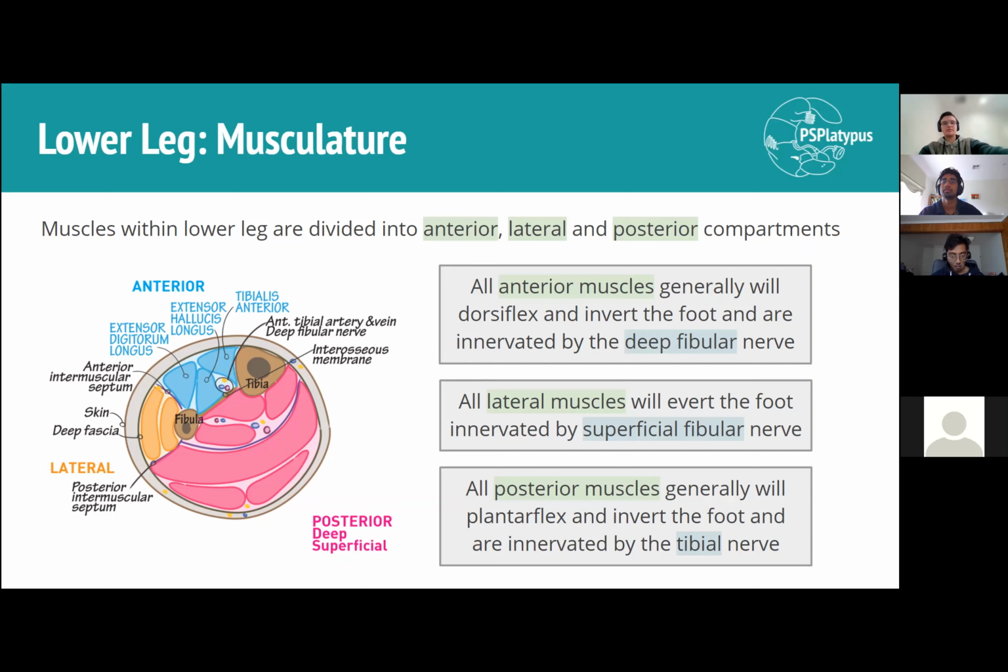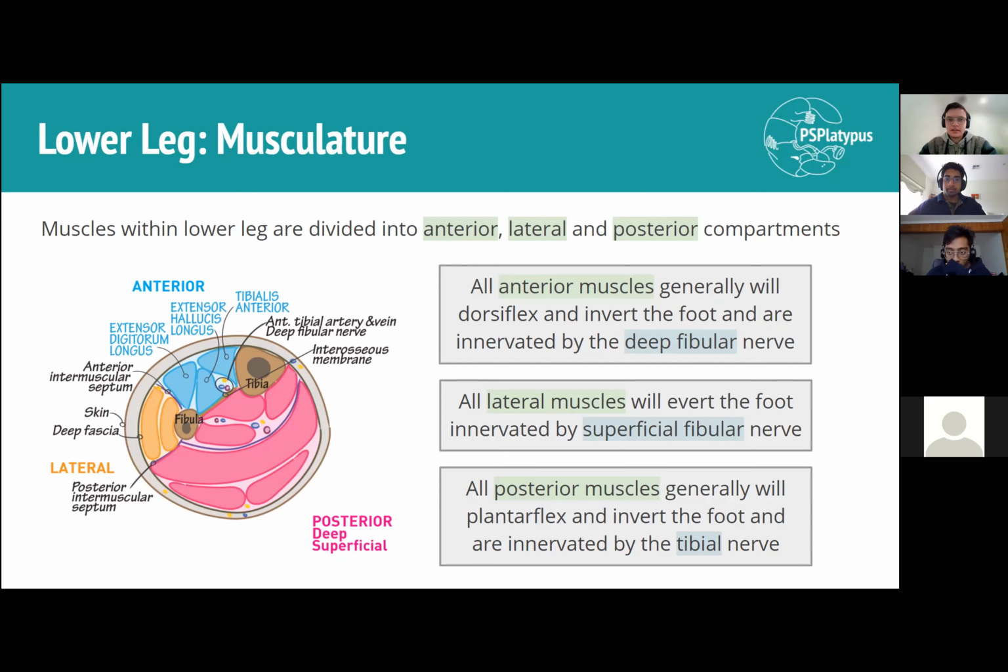All the muscles at the front are going down to the foot, and if they contract, they're going to cause your foot to go upwards like this. That's called dorsiflexion. Another thing that they can do, which we'll see with some of the muscles, is invert the foot. There's another terminology, invert and evert, which we'll go into a little later. However, the anterior muscles will always be innervated by the deep fibula.